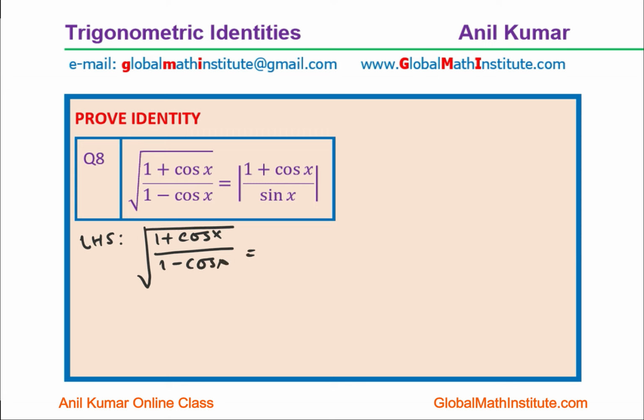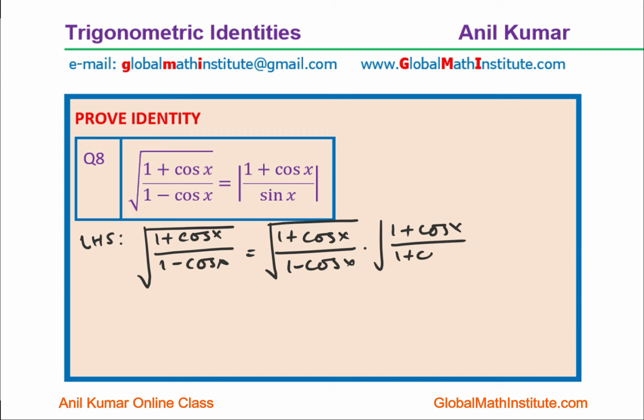Now, whenever you get square roots, it's a good policy to rationalize. So we have (1 + cos x) over (1 − cos x) within the square root. Let's rationalize, multiplying with 1 + cos x. We are rationalizing the denominator, over 1 + cos x.